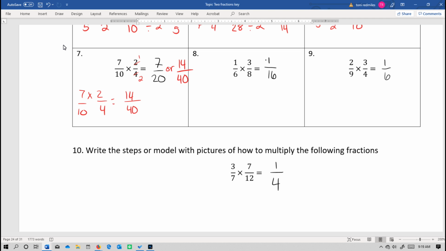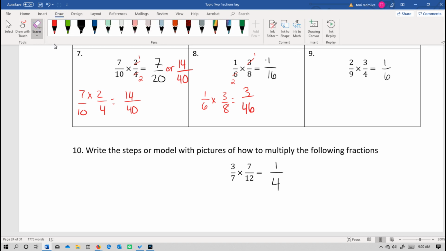So in this one, I can cross cancel. 3 goes into 3 one time and into 6 2 times. 1 times 1 is 1, and 2 times 8 is 16. Now you could have just multiplied straight across, because remember I'm taking unreduced answers right now as well.